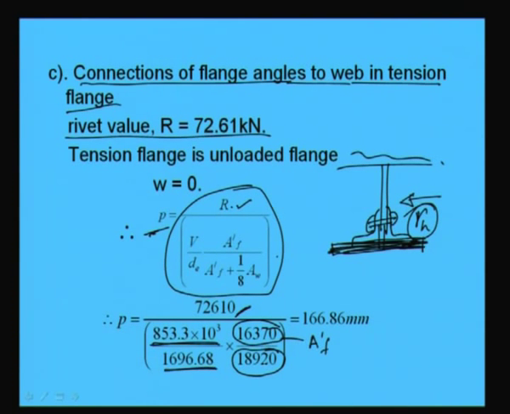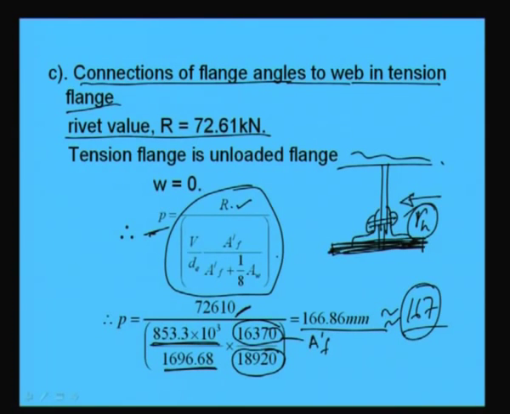So, now putting all these values, the P will get 166.86, that means 167, right. So, maybe we can use say 160 or 165, right. So, in this way connections of flange angles to web in tension flange can be made.